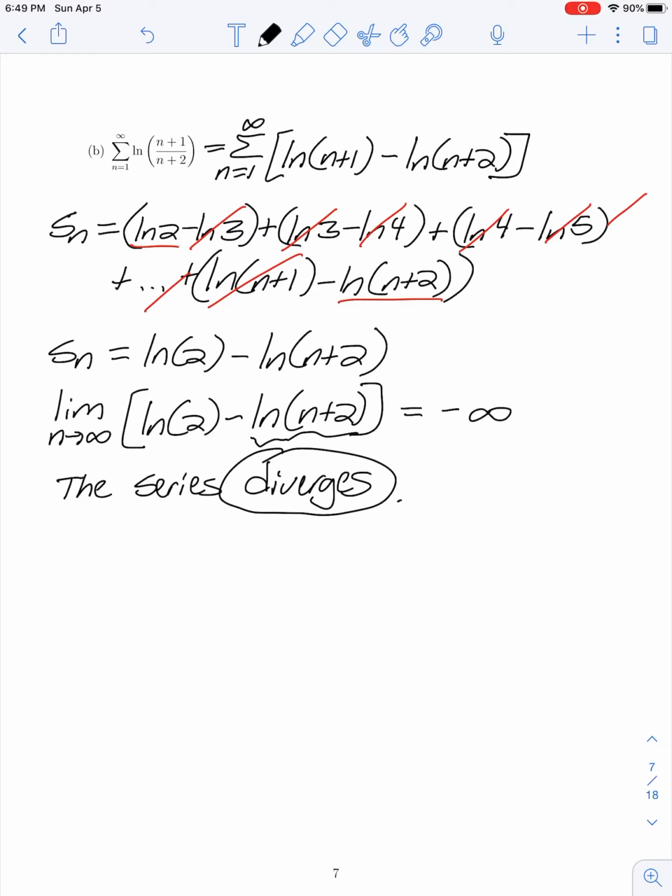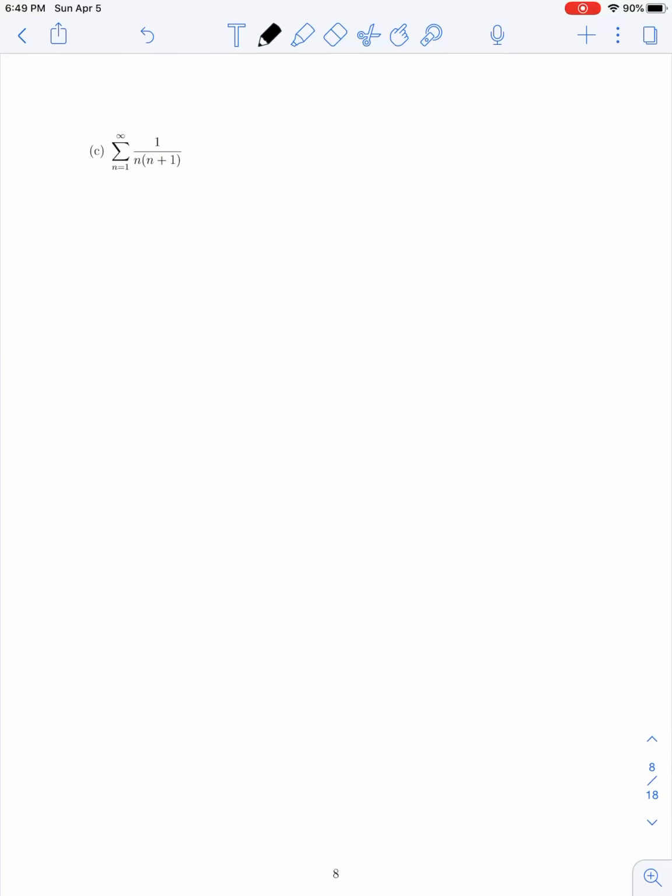So let's look at some other ones to illustrate a few more complicated cases for these telescoping series. In part C, again, when we look at this series, it initially appears like it might not be telescoping. But if we were to rewrite this general term, 1 over n times (n+1), using a partial fraction decomposition, we see that this is in fact telescoping.